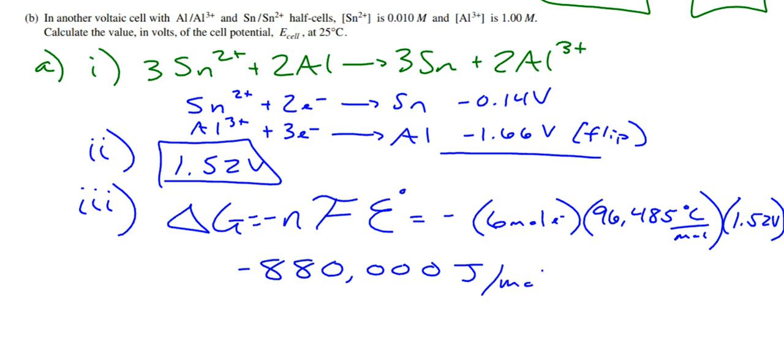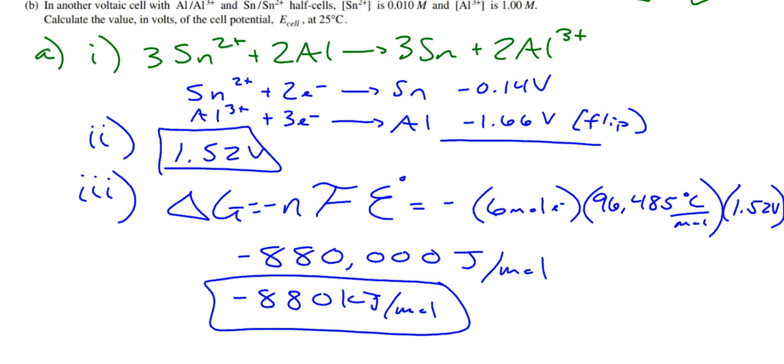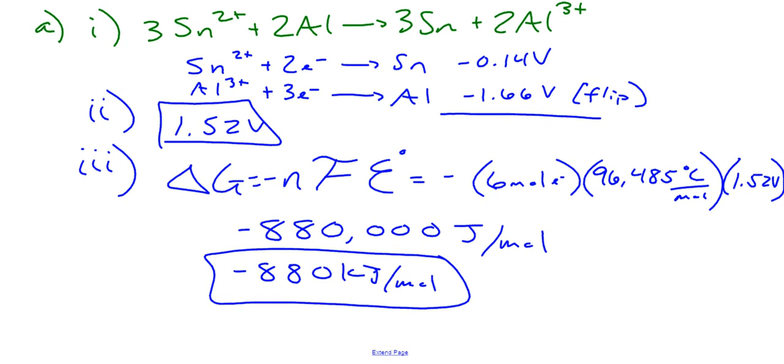So it's your call, and if you ever forget the moles, it's okay. But it's your call if you want to change it. A lot of times they'll ask you for it in kilojoules per mole, but if they haven't, it's your call. When I get over 10,000, I usually go to kilojoules when I'm doing joules. But you've got to read what unit they want. If you don't know the unit, or if they don't ask for a specific unit, then it's your choice.